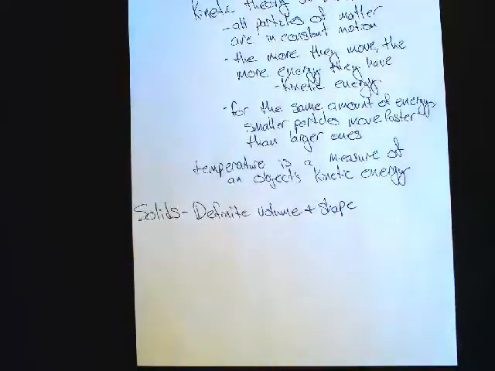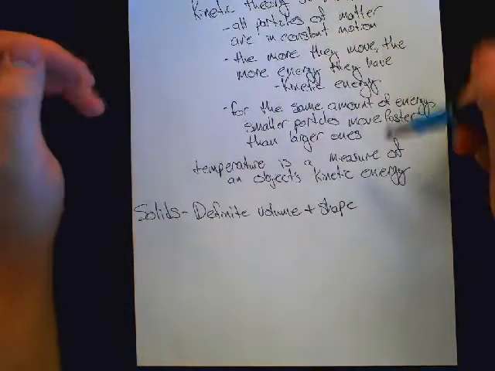That means that just by sitting here, for example, this stapler has a specific shape. It's got a specific amount of space it takes up. That's not changing. When we start talking about what's going on at a smaller level with the particles of the stapler, we can start to see how the kinetic theory of matter applies.